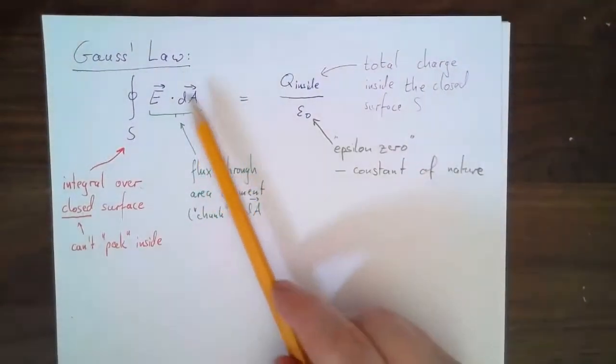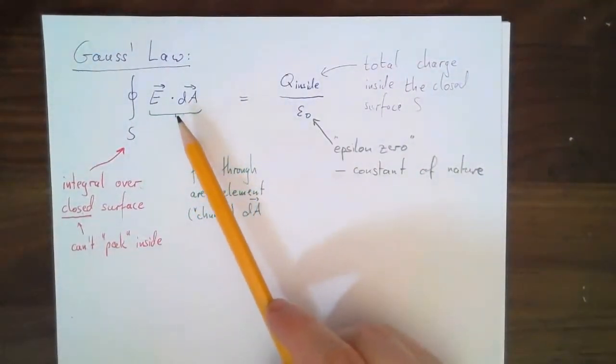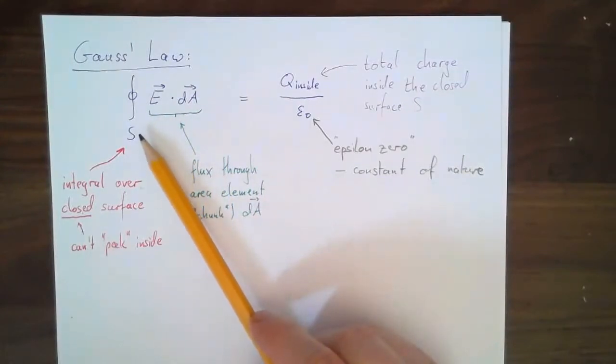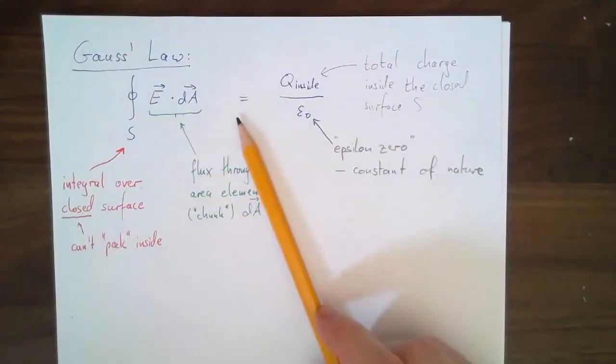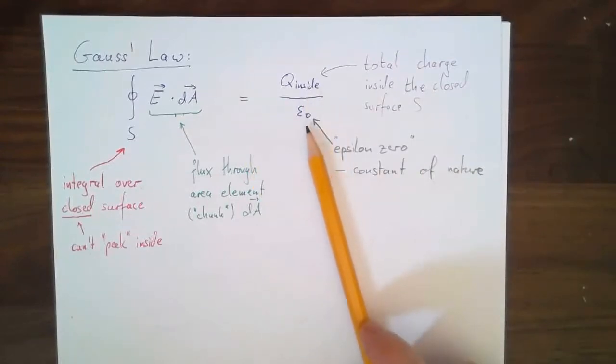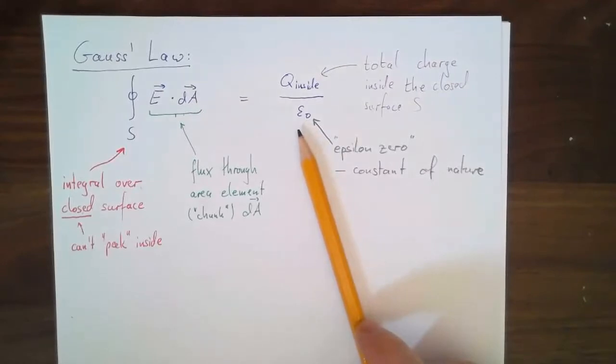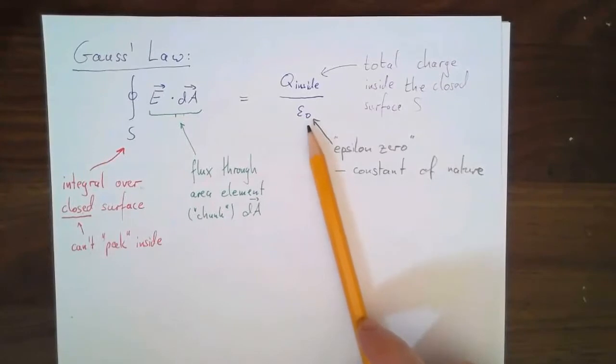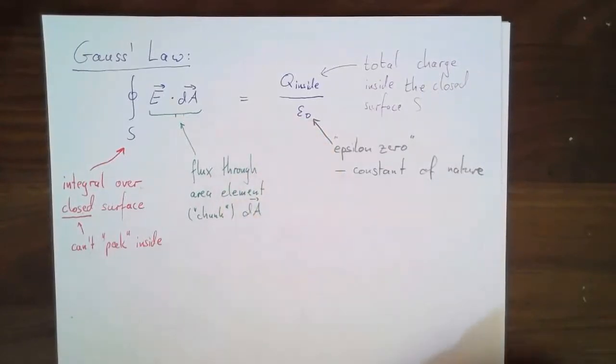And Gauss's law states that this integral, the integral of the flux over any closed surface, you get to choose, is equal to the charge that's inside divided by the epsilon zero constant, which is just a constant that determines the overall strength of electrostatic interactions. It's a constant of nature. You could argue it's to do with the units we choose and so on, but for our purposes it just determines the overall strength. It has a value that you can look up, and that's that.